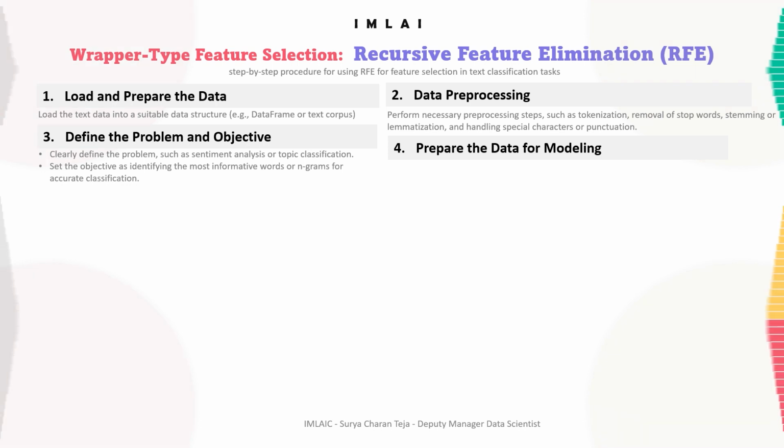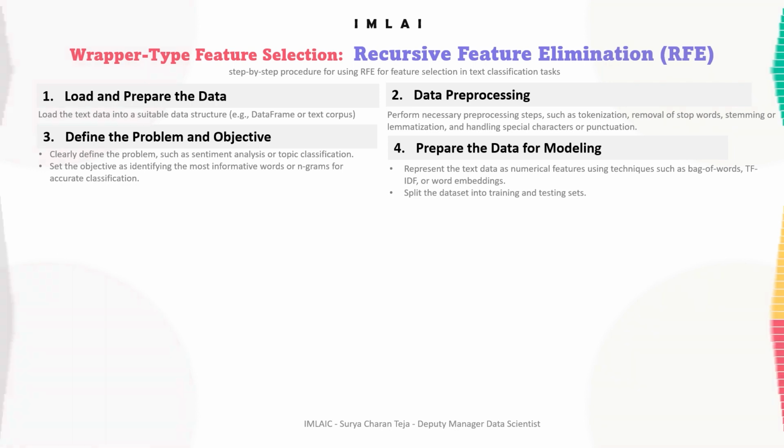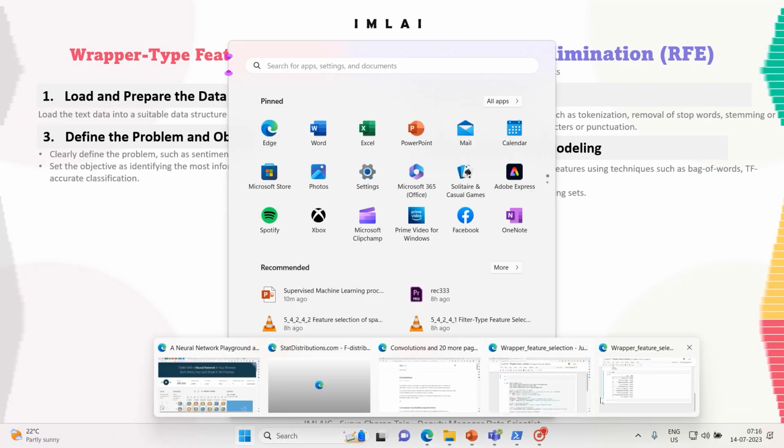Represent the text data as numerical features using techniques such as bag of words, TF-IDF, or word embeddings. This is a very important step when you deal with textual data. So how do we handle this? To put it in a simple way, represent the text data as numerical features using techniques such as bag of words, TF-IDF, or word embeddings. Then split the data set into training and testing sets. So that's what we'll be doing. Let's get back to our notebook.